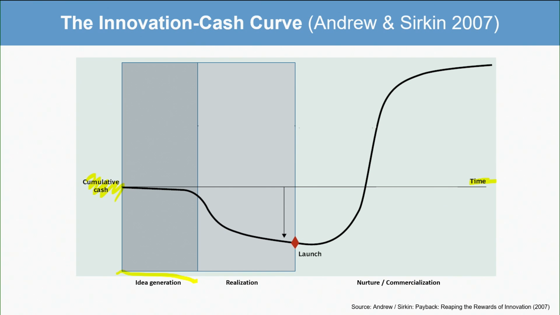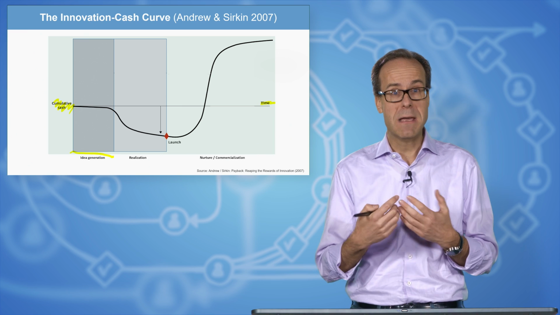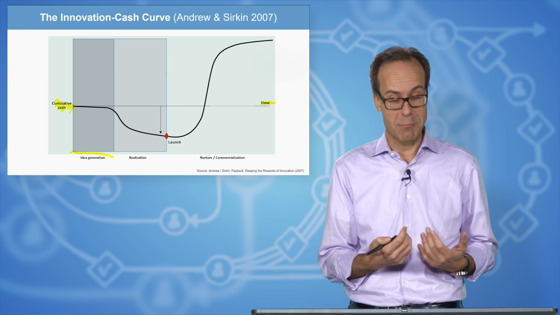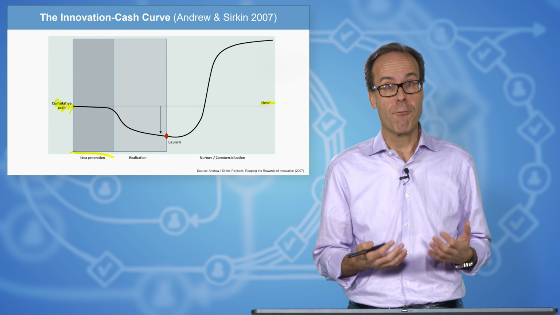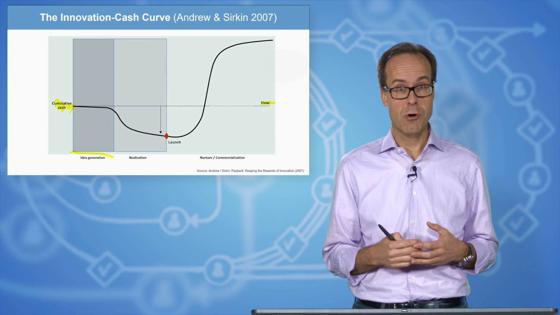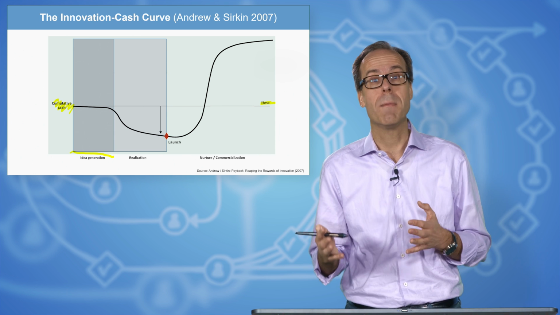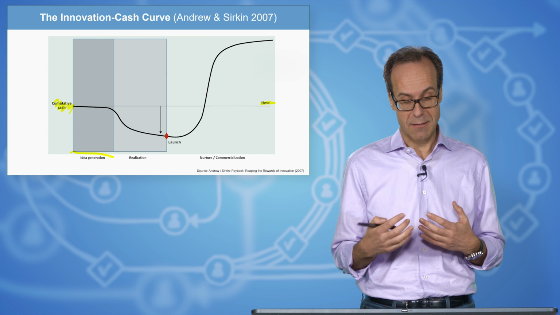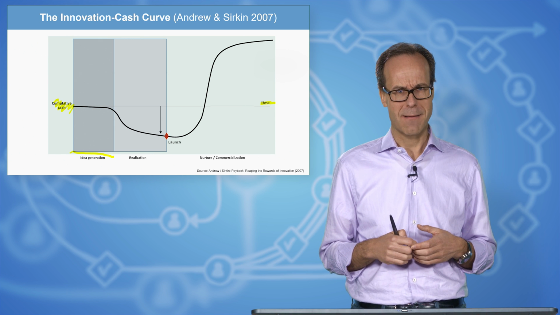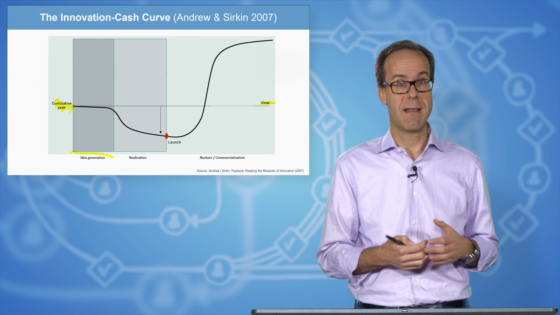So here the curve just goes down a little bit. Then we come to realization, implementation, real product development, and this is often where the real costs start to occur, especially if we also have to plan not just a product, but also a new manufacturing system or another kind of execution process. So up to here we only invest in our product.